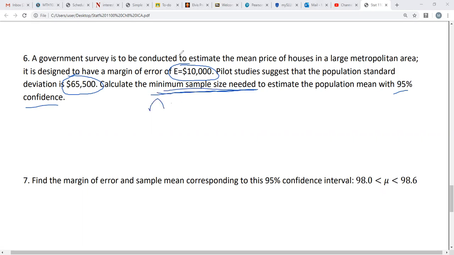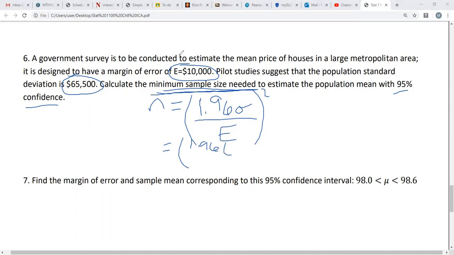We need to use that formula, and remember it's n is equal to 1.96 times sigma over the margin of error, that whole value squared. So now we can go ahead and substitute in the values that we know. We know that the 1.96 is given.